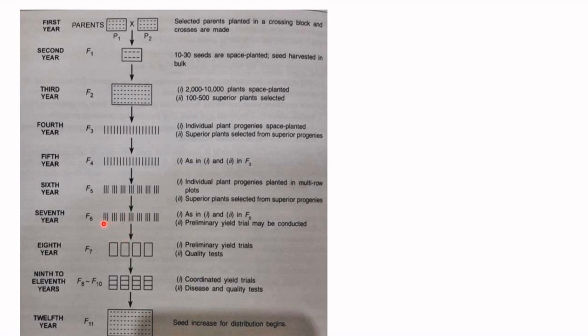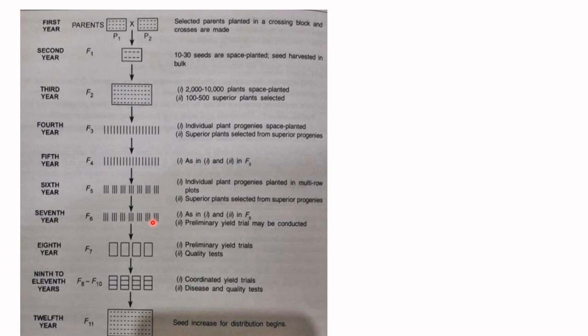And those which surpass this selection process are going to undergo preliminary yield trial. So in these F5 and F6 generations, in every 3 to 4 multi-row plots, we are going to have parental line rows, in order to have a comparison between these lines and the parent line, and select those superior ones.